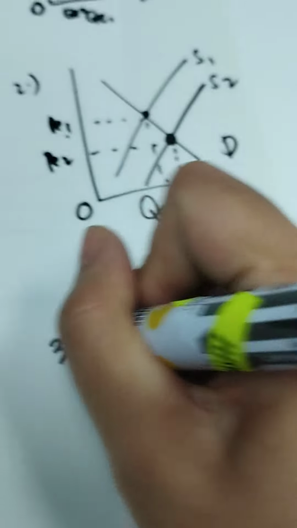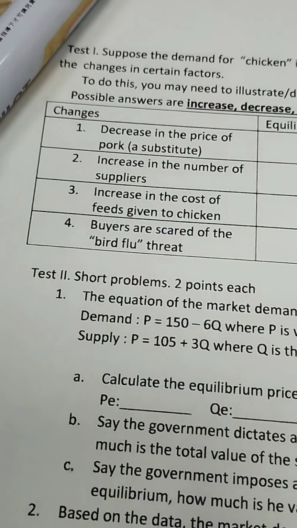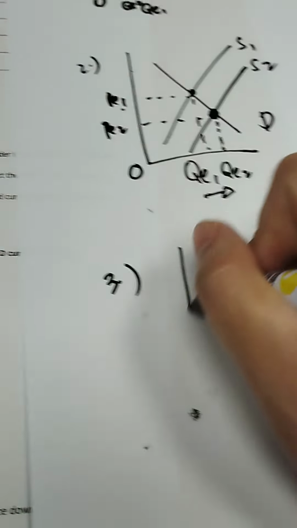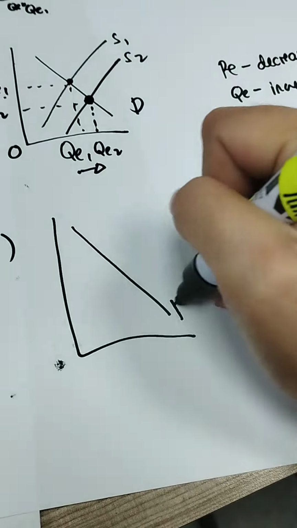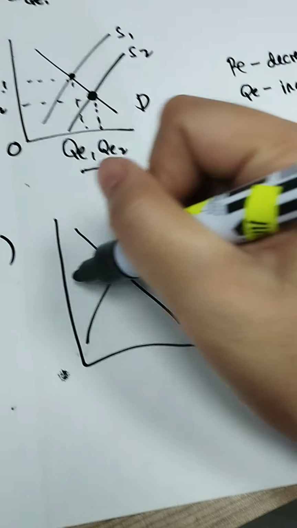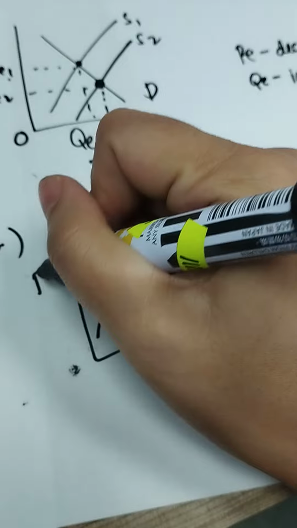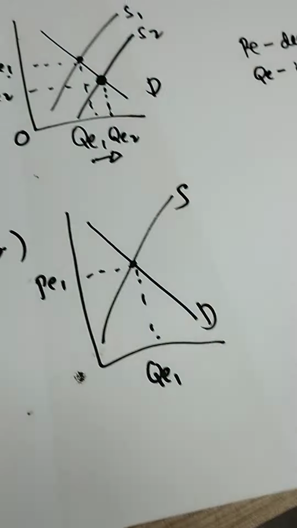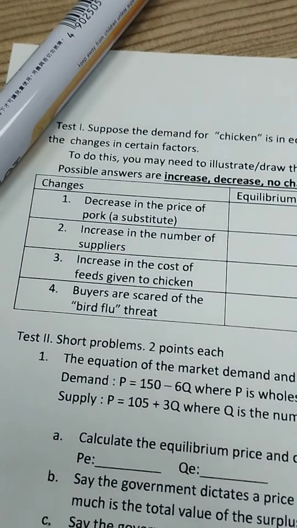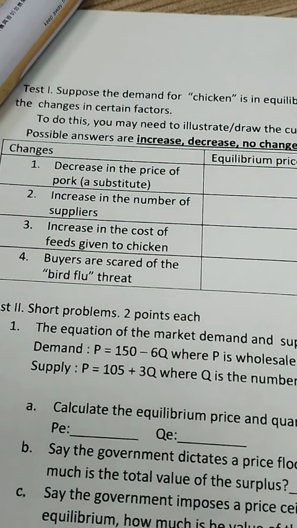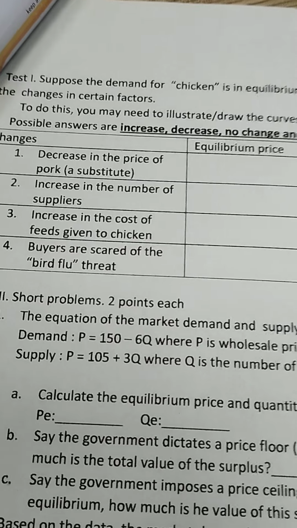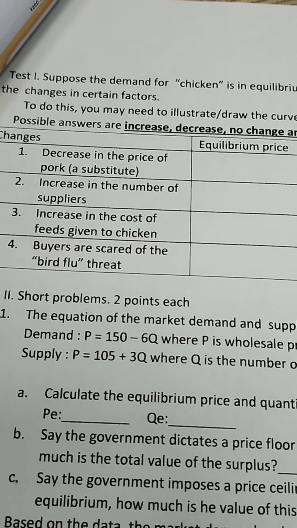Next, number 3. Increase in the cost of feeds given to chicken. So again, i-drawing ta na naman ang demand curve ta kag supply curve ta. So you have PE1, QE1. This one, the increase in the cost of feeds given to chicken. Feeds are like, kumbaga kung ang chicken ang output, ang feeds considered na siya as input.